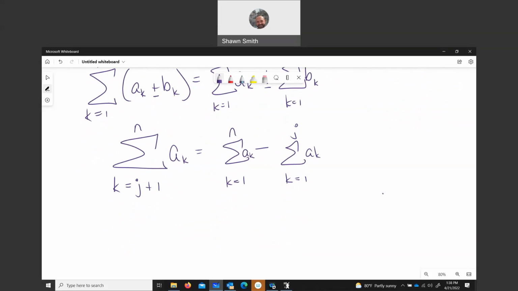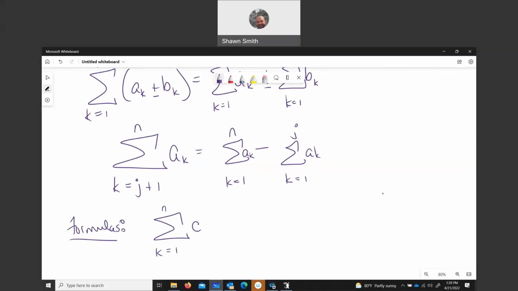And just some side notes, some formulas. If you want to sum some sequential, just say constants. Say C is a constant, 5.